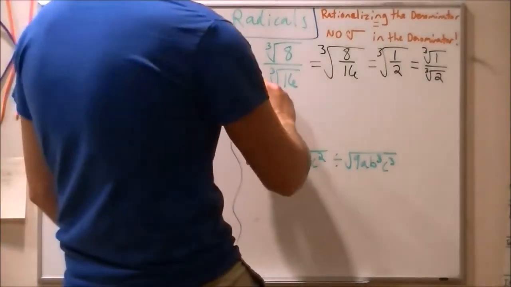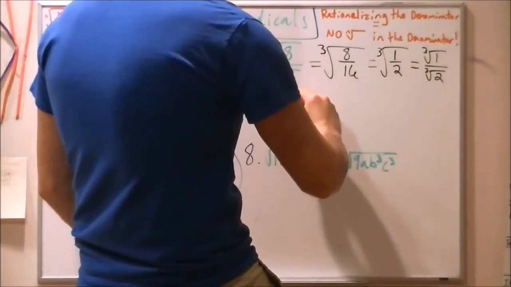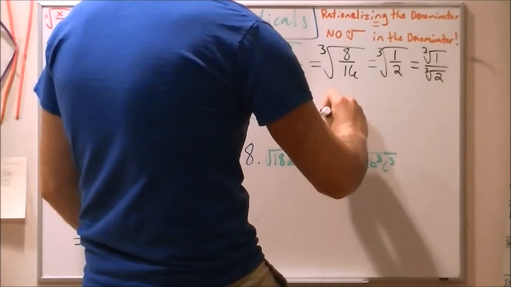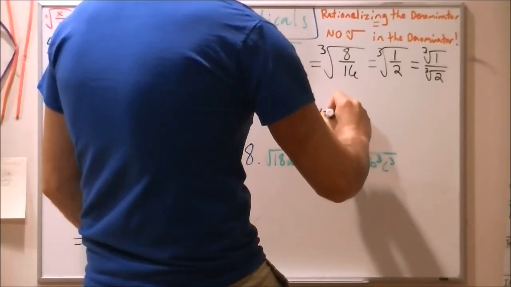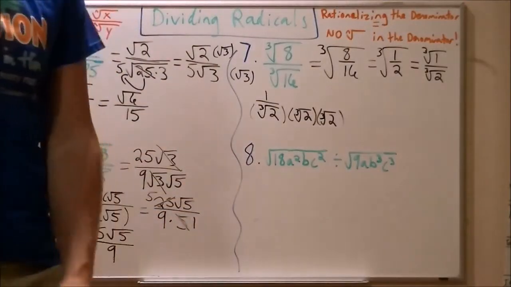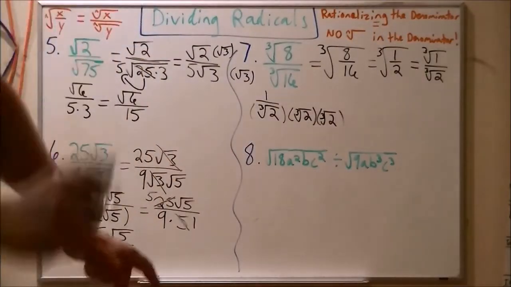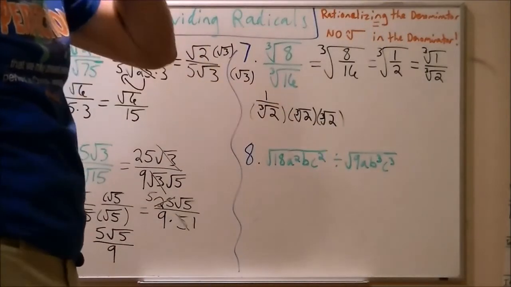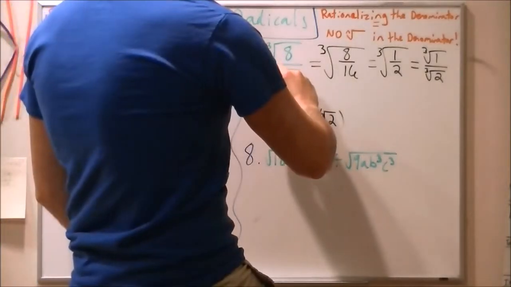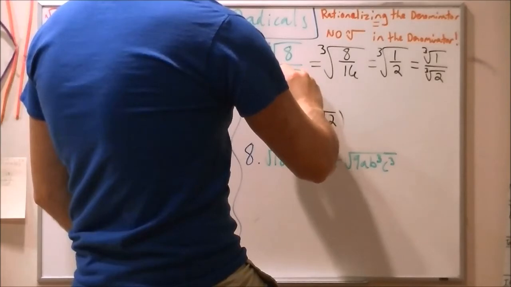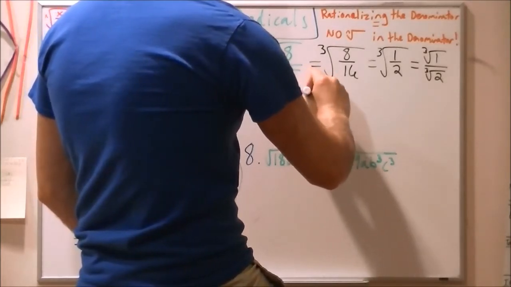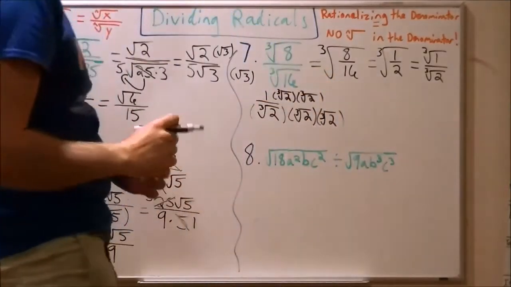And so what I have to do, guys, is multiply the cubed root of 2 by the cubed root of 2, not once, but 2 times. Okay, and I have 3 total appearances of the cubed root of 2. And in so doing, I have to do the same thing on the top as I have done on the bottom.